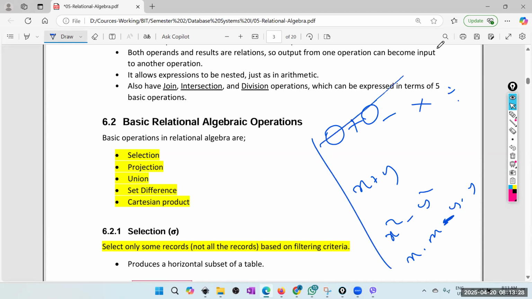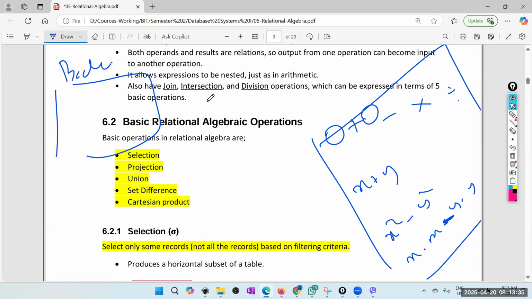That is normal algebra. Then we learn Boolean algebra, where the operations are AND, OR, XOR, NOT, operated on Boolean variables, maybe A and B bar. Again, you have operators and variables or constants.